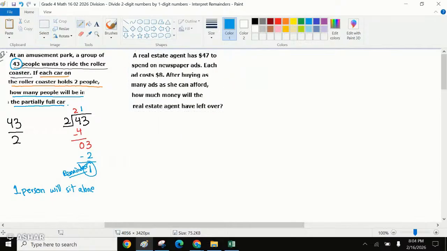For question number 3, it says a real estate agent has $47 to spend on newspaper ads. Each ad costs $8. After buying as many ads as she can afford, how much money will the real estate agent have left over? That means $47 is to be divided by the cost per ad. We will get how many ads she can run, right?